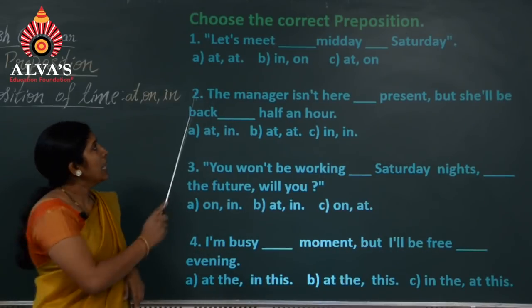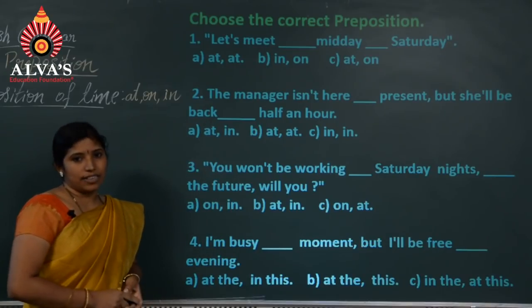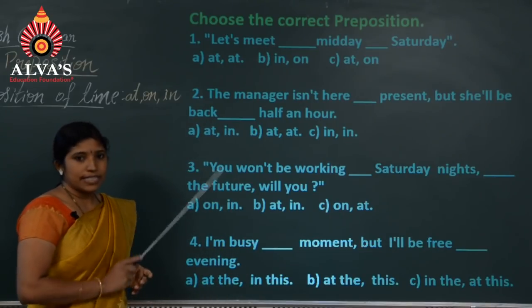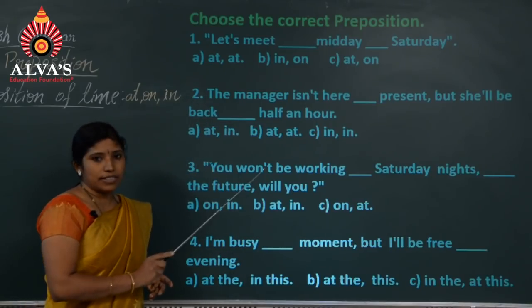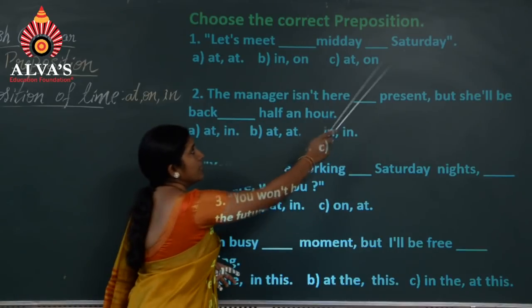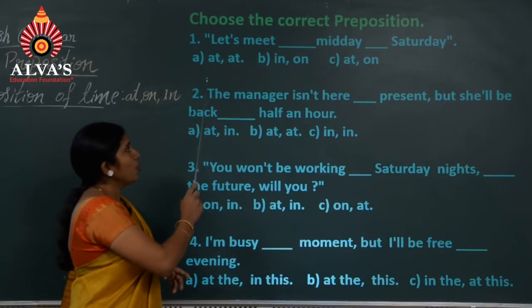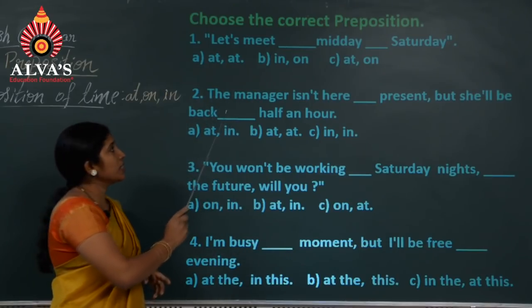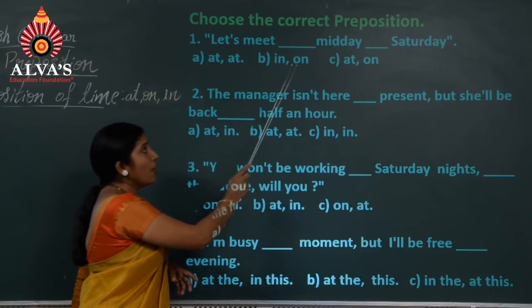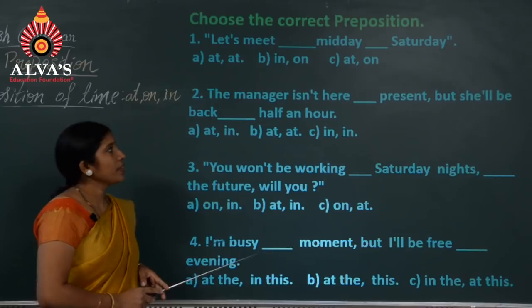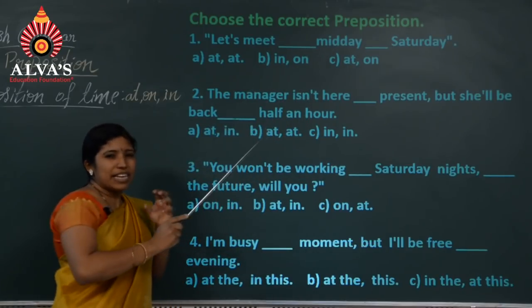Number 1. Let's meet dash midday dash Saturday. Look at these two words. The first word is midday and the second word is Saturday. Which prepositions suit here? Midday is a part of the day, a precise time.